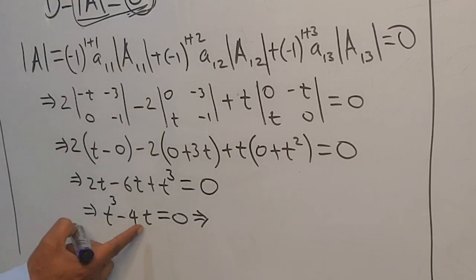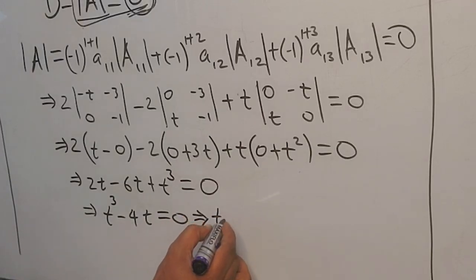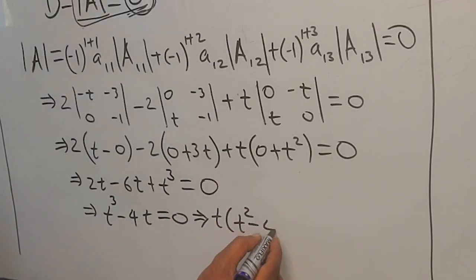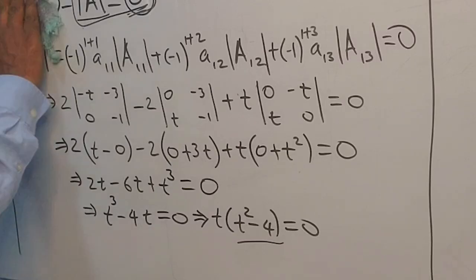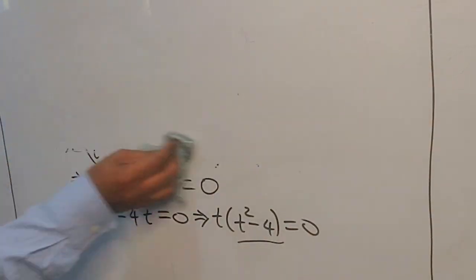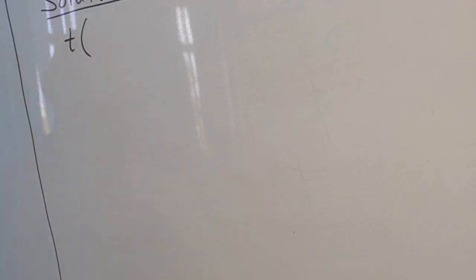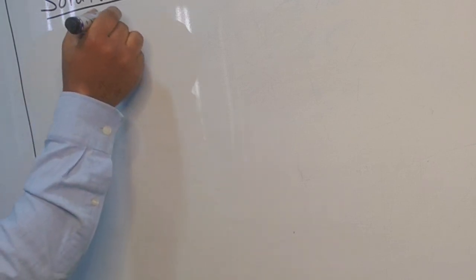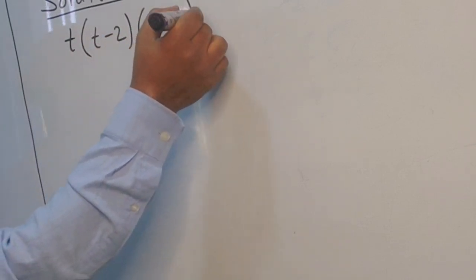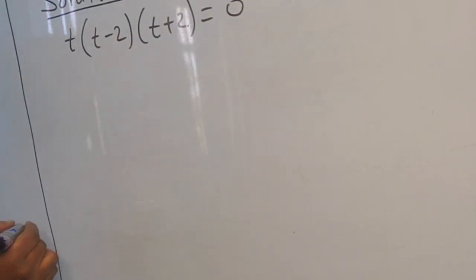Take t as a common factor: t times t squared minus 4 is equal to 0. So t squared minus 4 means t minus 2, t plus 2.